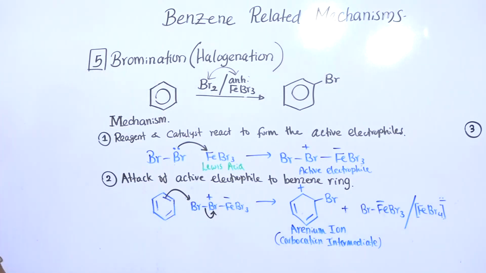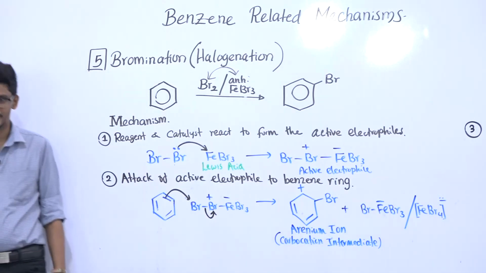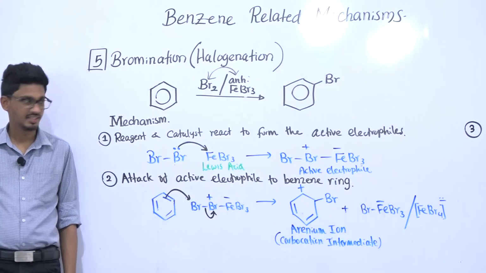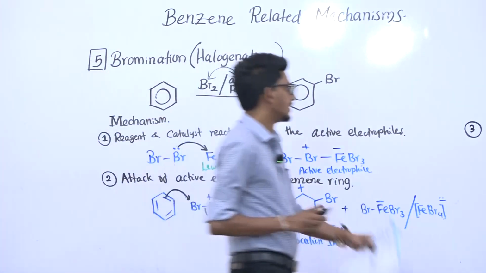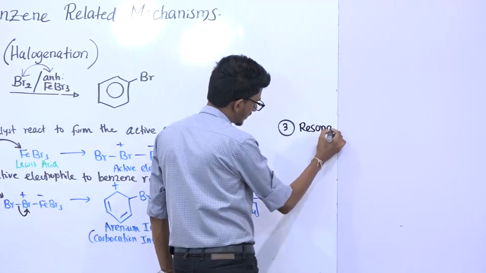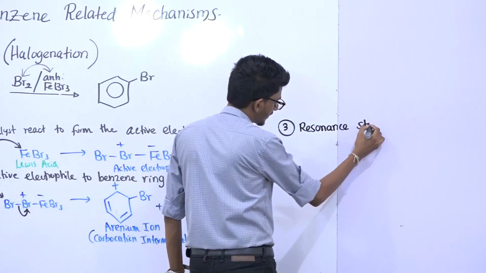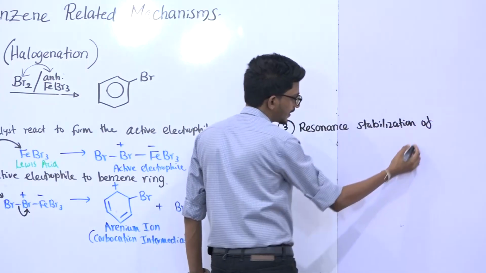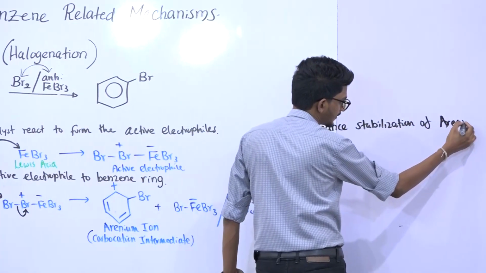When writing the paper we don't know what is in the marking scheme, so we have to write that as well. So that is the resonance stabilization of the arenium ion.